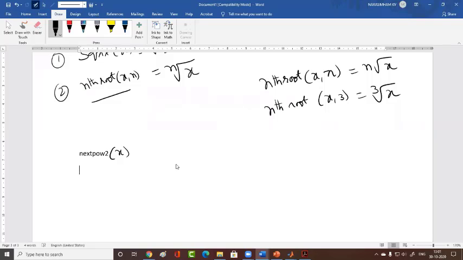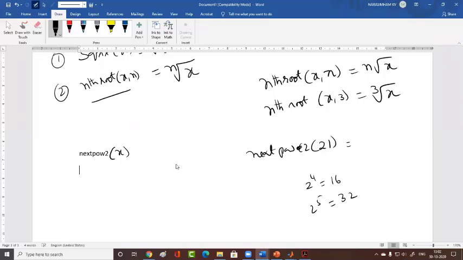Suppose I use nextpow2 of 21. What is the next power of 2? 2 power 4 is 16, 2 power 5 is 32.